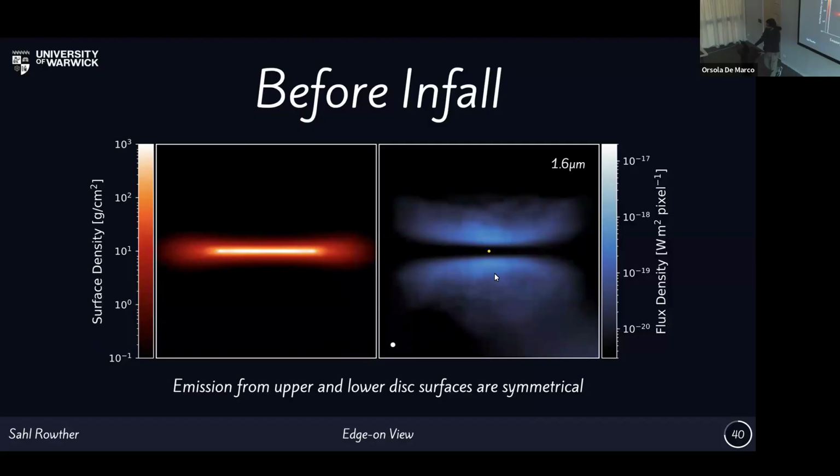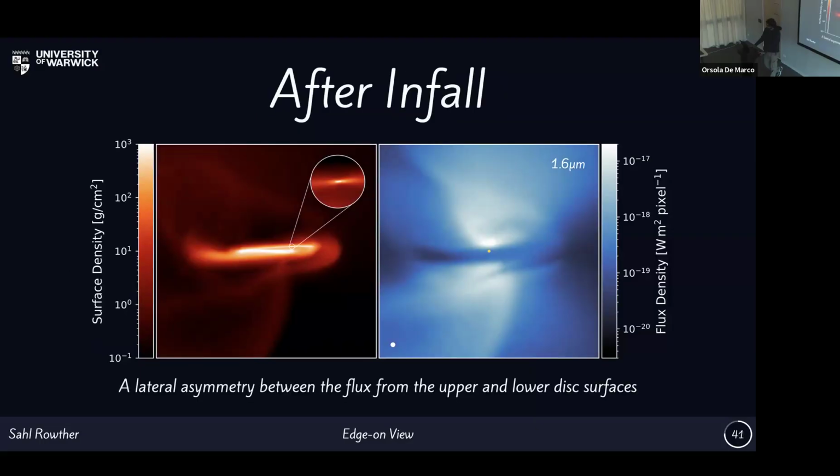If you look left and right, the emission from top and bottom is pretty much the same, except for this bit here, which is the infalling cloud. However, after infall, the emission is quite extended, and we also see a lateral asymmetry between the upper and bottom surface. If you look over here, in this area at the bottom, it's brighter than a similar area in the upper surface.